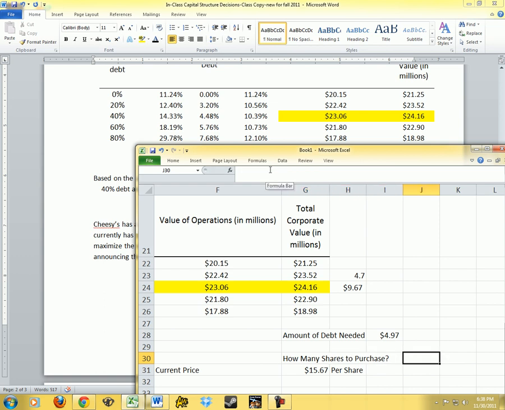Well, we have $4.97 million. They're selling at $15.67 per share. So we're going to take 4.97 million divided by 15.67. So we're going to repurchase 317,167 shares.